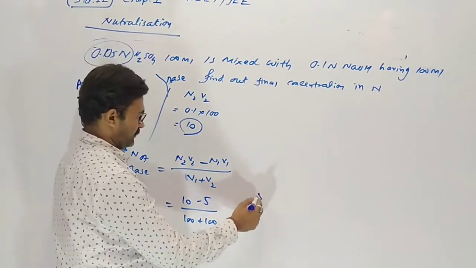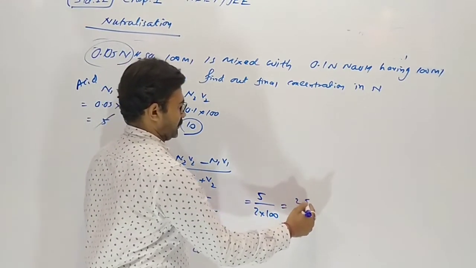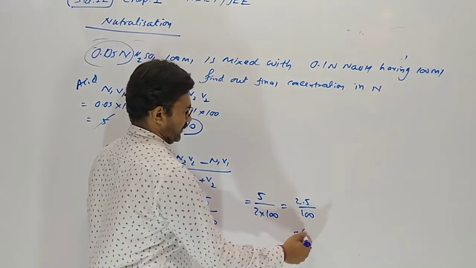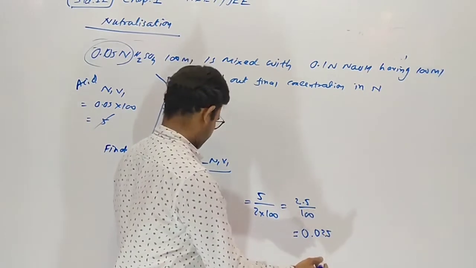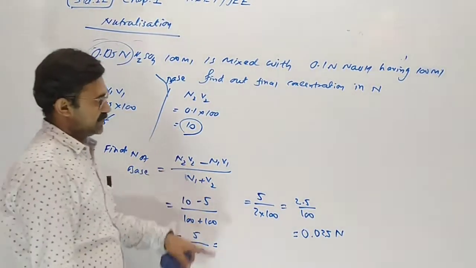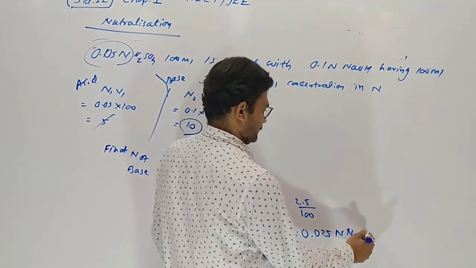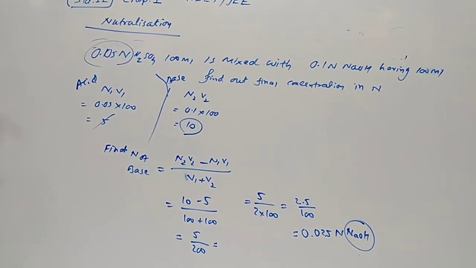So 5 by 2 and 100. 5 by 2 means 2.5, divided by 100, 0.025 normality of the remaining base. Understood?